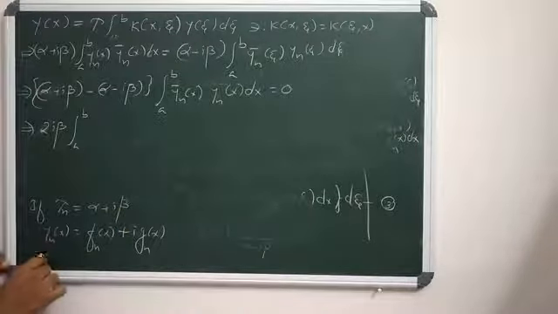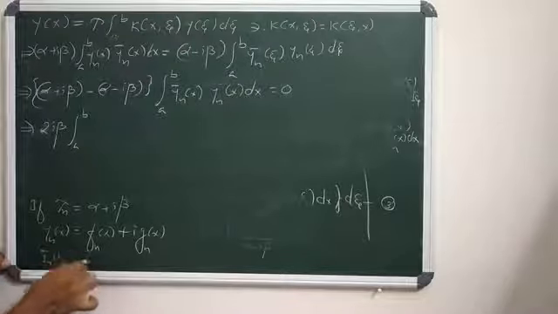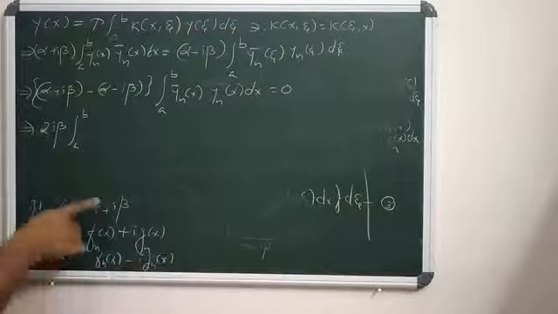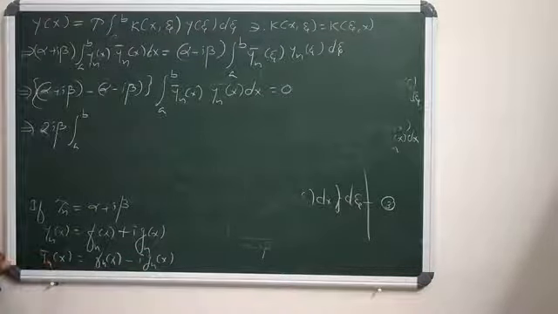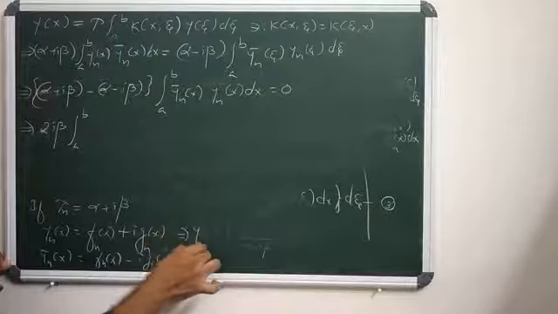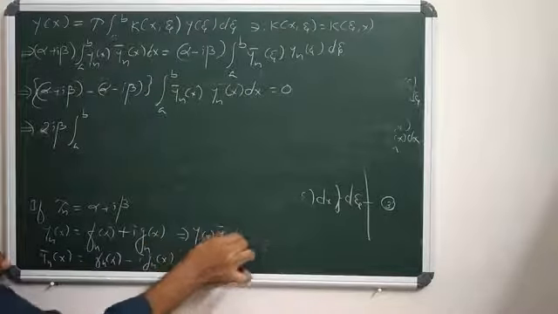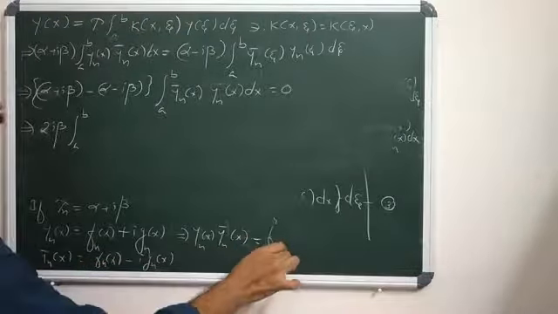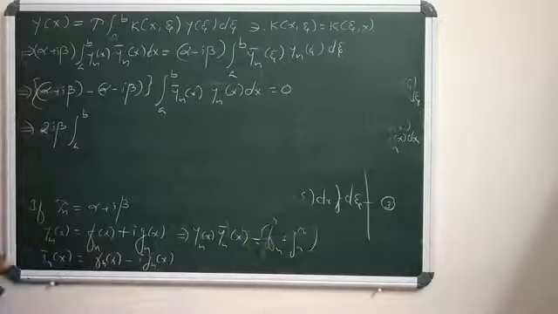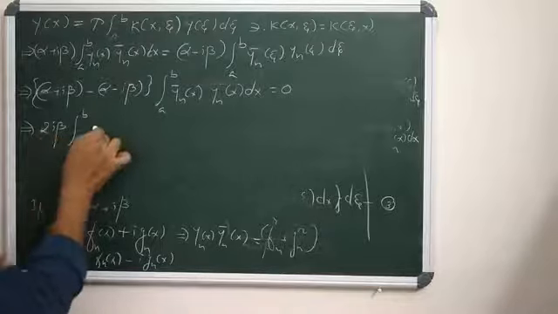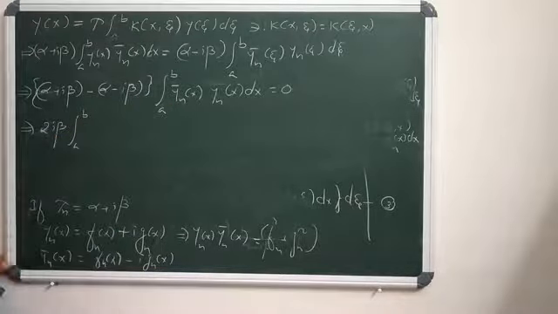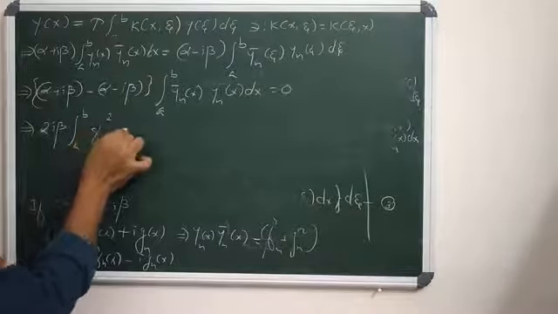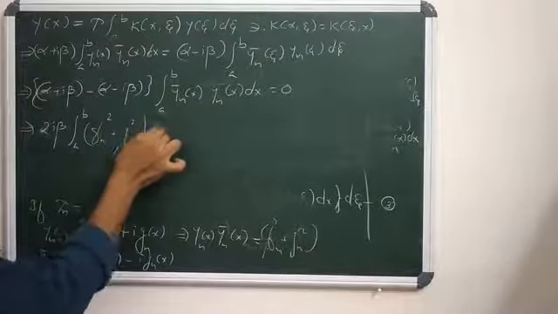So what about yn bar(x)? Yn bar(x) equals fn(x) minus i into gn(x). So what about that product yn(x) into yn bar(x)? The product is nothing but fn squared plus gn squared. Therefore, it is 2i beta into the integral from a to b of (fn squared plus gn squared) dx equals 0.